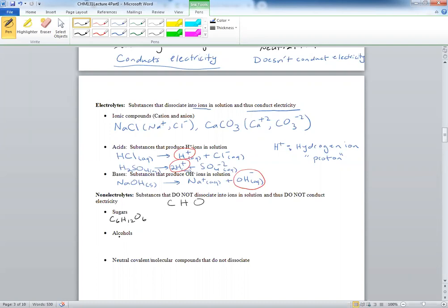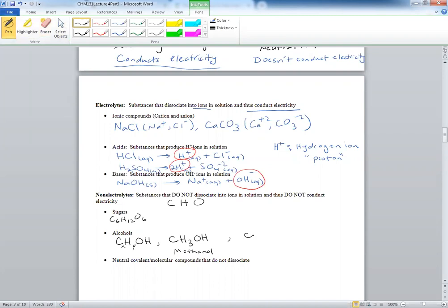Alcohols do not dissociate either. They usually have a formula like this. They have a C and H, and then it ends with an OH. So you have CxHy and then OH. So for example, CH3OH, this is methyl alcohol or methanol, a very toxic substance. You also have something like ethanol.